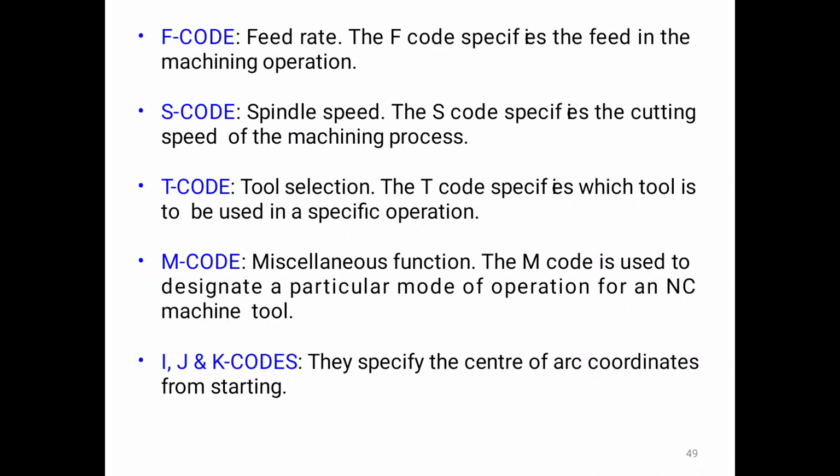M code is miscellaneous function; it is used to designate the particular mode of operation for an NC machine tool. I, J, and K codes specify the center of the arc coordinates from the starting point.